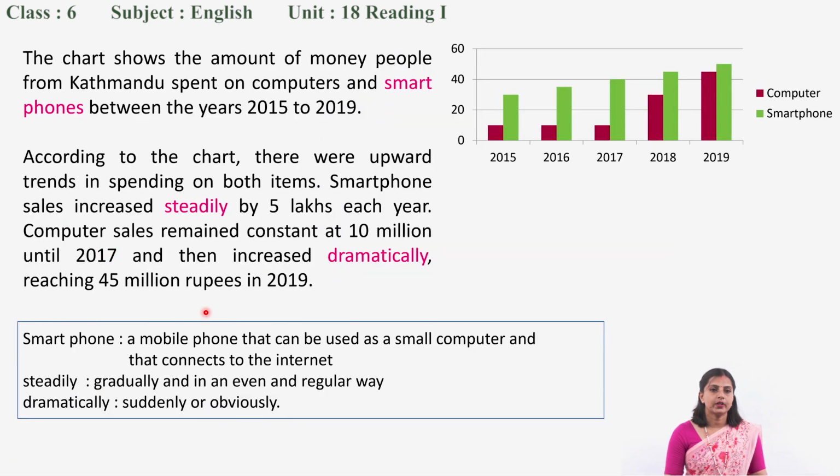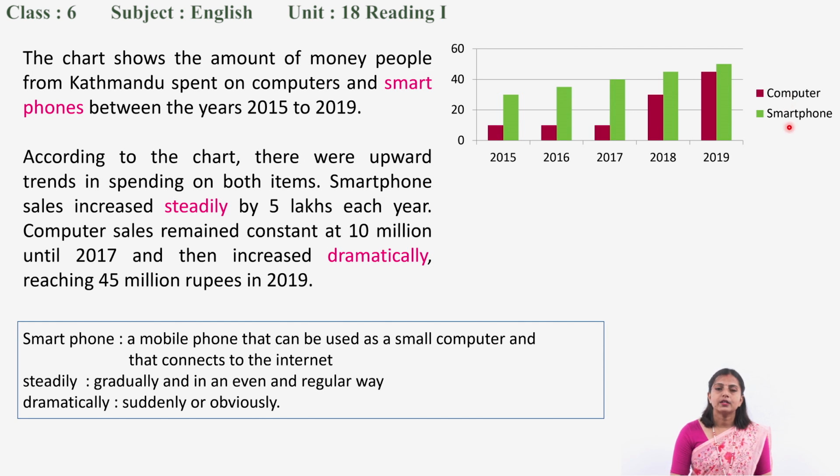So here, what does the text tell us? The chart shows the amount of money people from Kathmandu spent on computers and smartphones between the years 2015 to 2019. I have told you it's of a certain place, and what place is that? Yes, it's Kathmandu. What does the chart show? The amount of money which was spent. Spent on what?